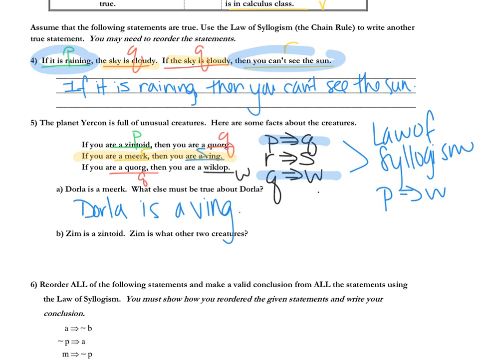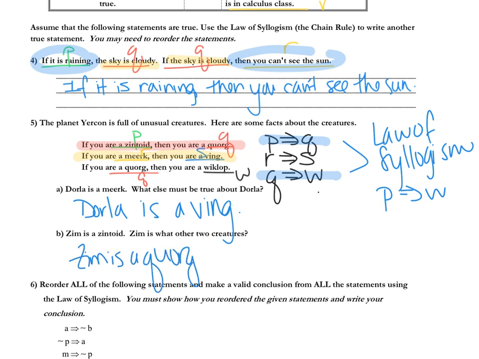Then it says Zim is a Zintoid. Zim is what other two creatures? Well, if Zim is a Zintoid, oh my goodness. If Zim is a Zintoid, then they are also a Korg, which is right here. So Zim is a Korg.